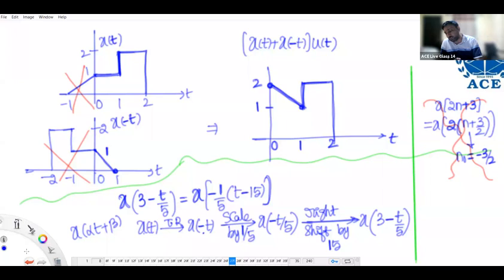I will ask this question in the reverse way, try to answer it. In this problem, I gave x of t and wanted the scaled and shifted version. Now I will give the scaled and shifted version, you tell me the original signal. Make a try, everyone, be ready.